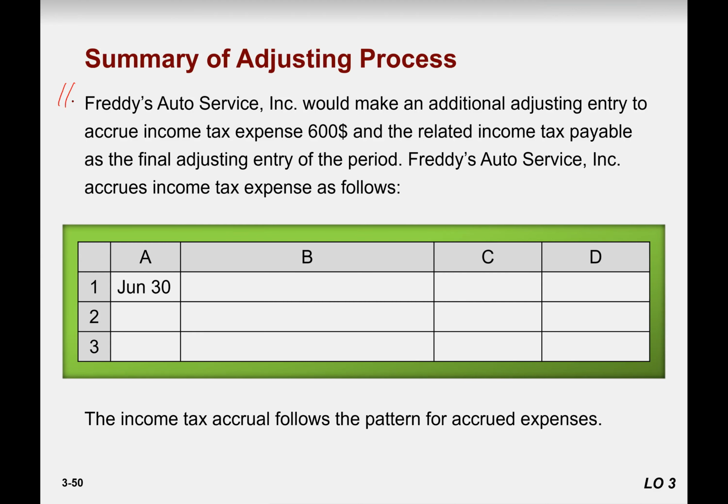So we are continuing with Friday's Auto Service, in which Friday's provides automobile services, and the main sales or purpose of the business is to provide auto service. If the company provides auto services, that will generate its sales.